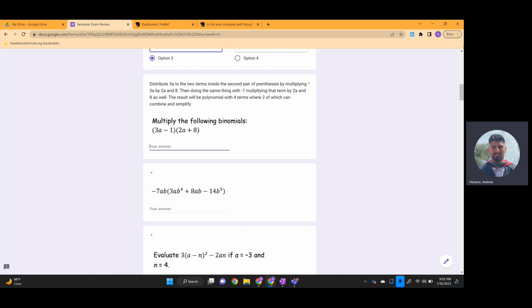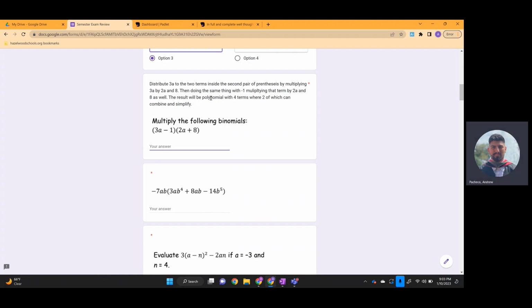So, distribute 3a to the two terms inside the second pair of parentheses by multiplying 3a by 2a and 8. So I'm multiplying 3a times 2a, 3a times 8, and then doing the same thing with -1. So then I multiply -1 times 2a, multiply -1 times 8.